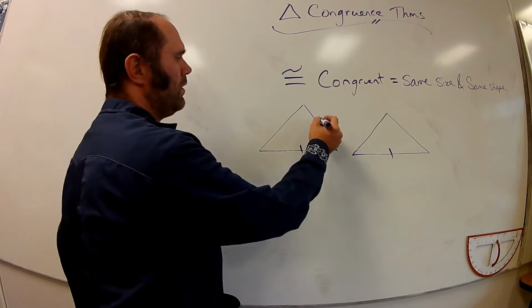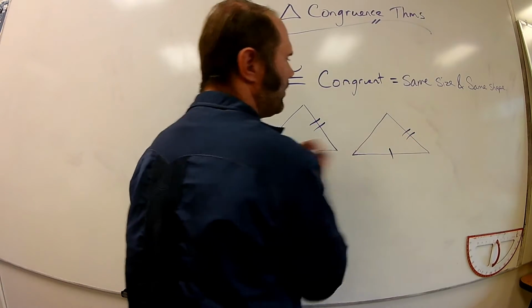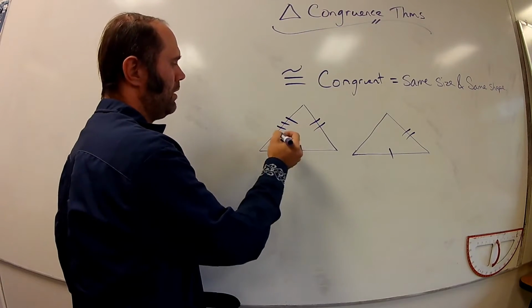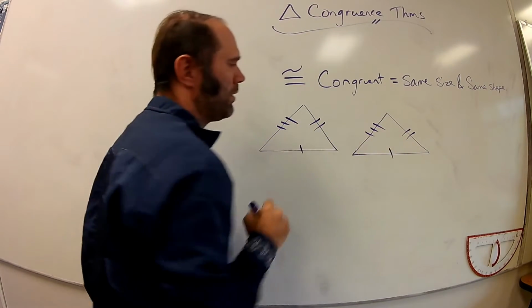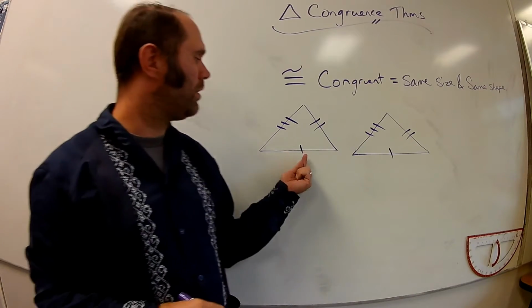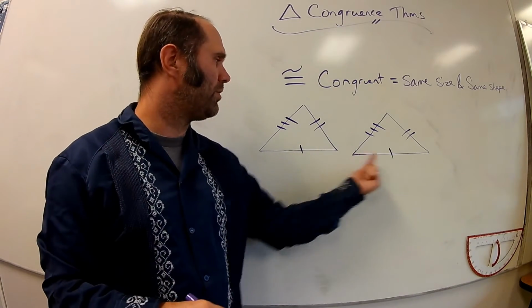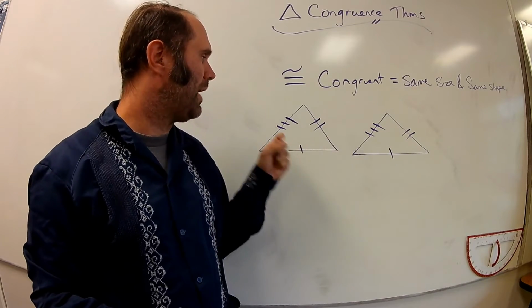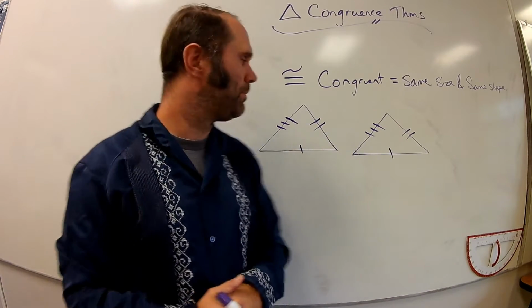If I knew these two sides were the same length, that would help. The single dash means that they're the same length. Double dash means that they're the same length. Triple dash means that they're the same length.